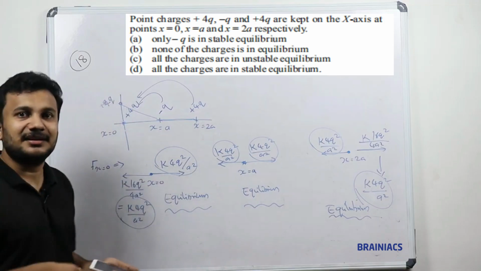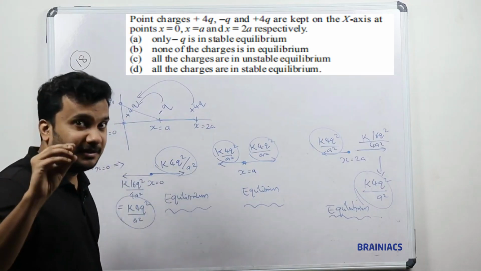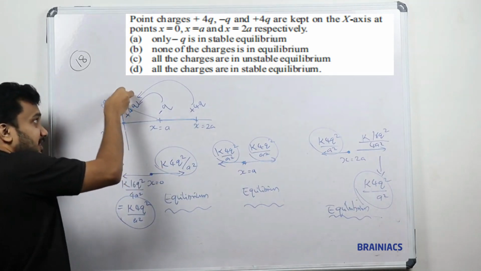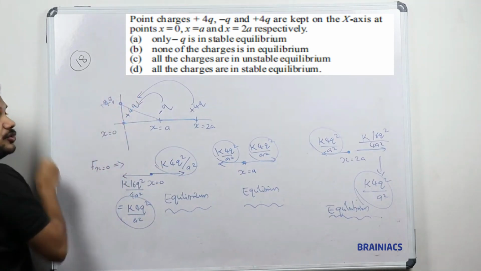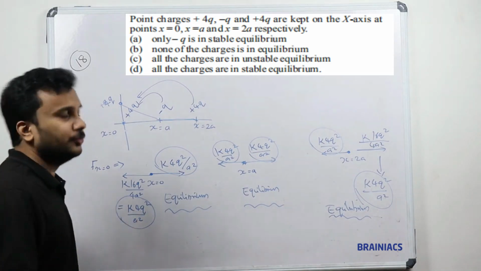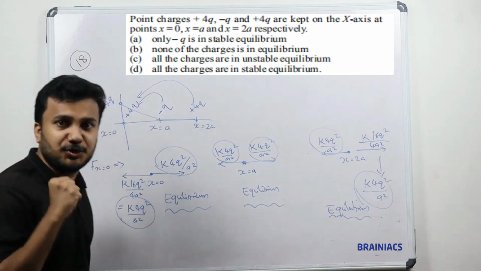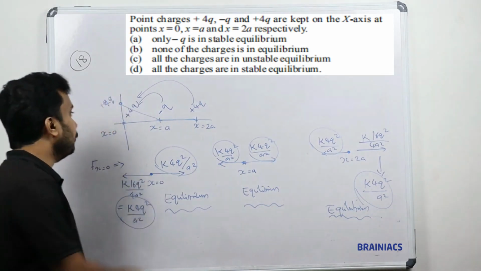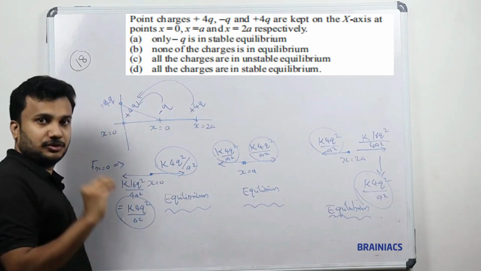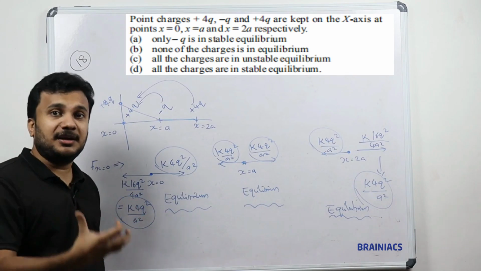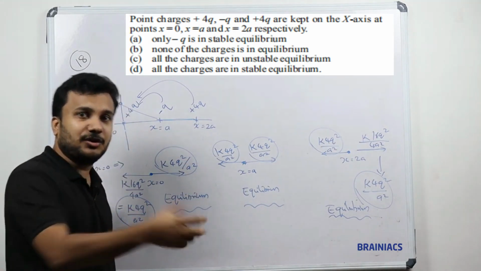Unstable state means, listen to my words, there is no driving force to make the plus 4q come to its original position. Is anybody pushing, hey plus 4q, please go to the x equals 0 position? Nobody is pushing. If nobody is pushing plus 4q back to x equals 0, there is no driving force available to take it back to the original position.